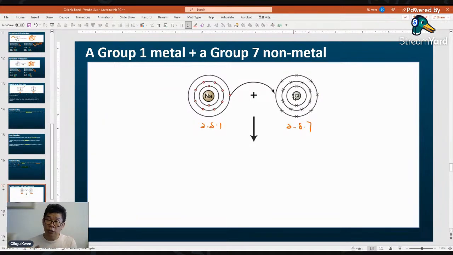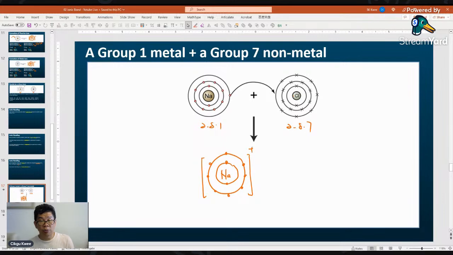So then the sodium will give its electron to the chlorine. After giving the electron to the chlorine, the sodium forms the sodium ion, Na+, with the arrangement 2, 8. The charge is 1 positive because it released 1 electron, so it will have 1 proton more than electrons.